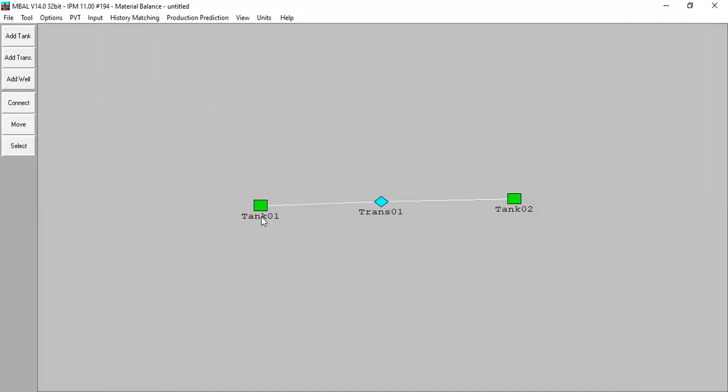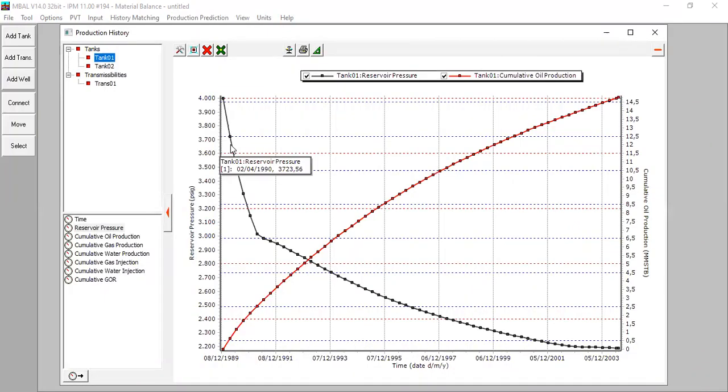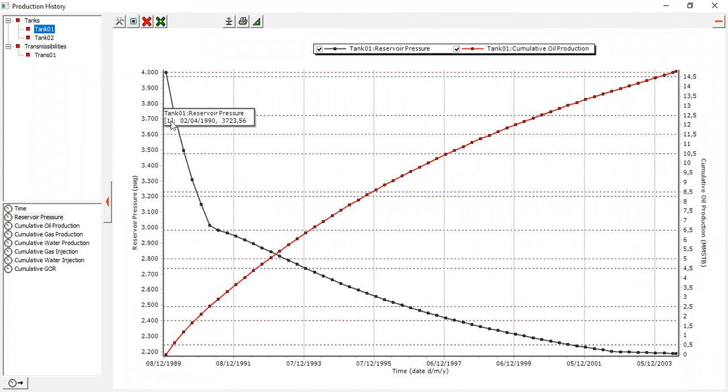It has production history, and we know from the production history there is something weird about this, because here we have a fast reservoir pressure drop, but after that the pressure drop becomes slower. So we ask ourselves, what happened? Is there any aquifer, or is there another reservoir that is supporting our reservoir?